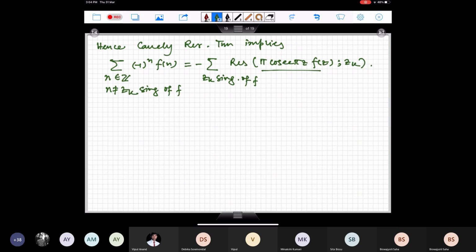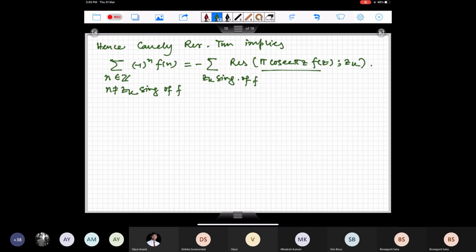Now suppose f is given to you, let's say 1 over z square or 1 over z cube. You can immediately find the residue for f, but you need to calculate the residue for pi cosec pi z into f(z).